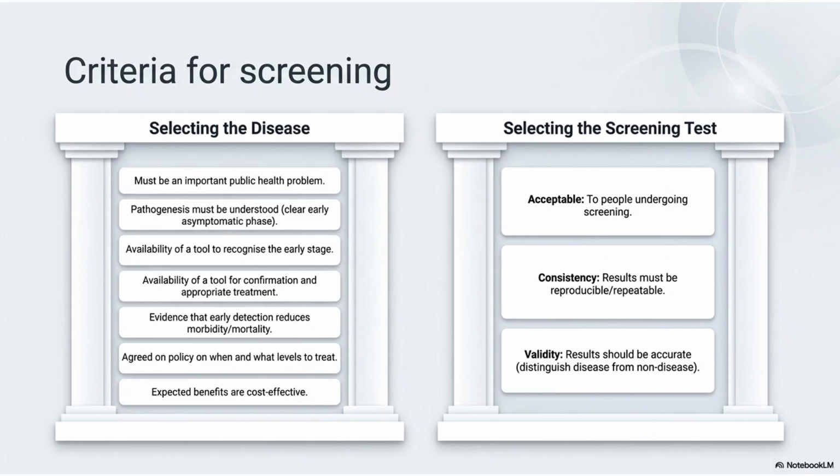And third is availability of a tool to recognize the early stages. As we discussed in lead time, after the first possible point of diagnosis there should be a test to detect. If there is a test to detect, then only we can screen the disease, otherwise we cannot. Another criterion is availability of a tool for confirmation and appropriate treatment.